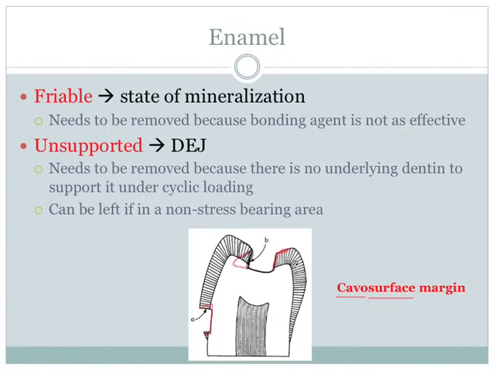These two surfaces form an angle, and that angle should ideally be greater than or equal to 90 degrees. That's our basic rule for preventing any unsupported enamel from being formed.